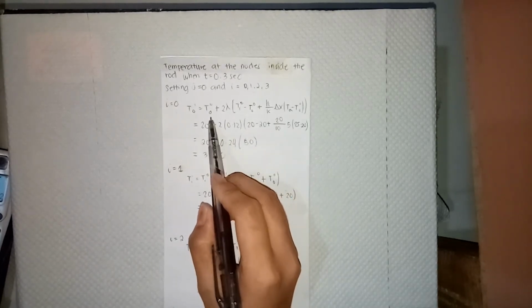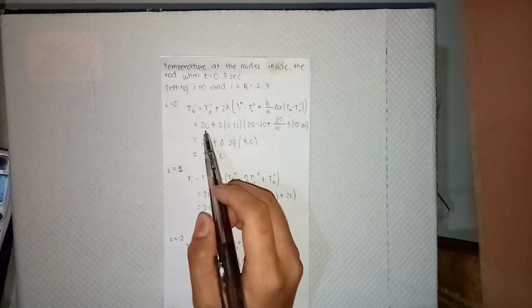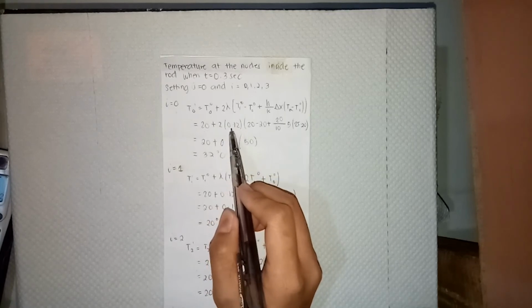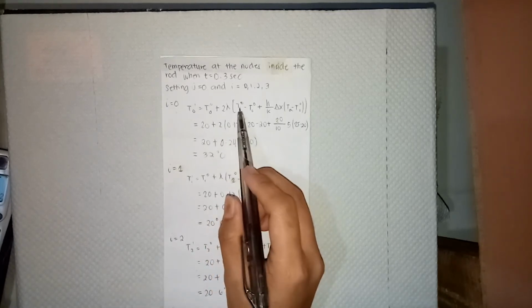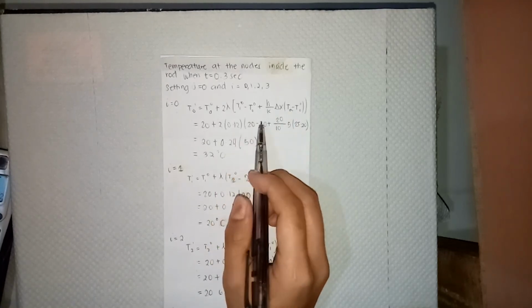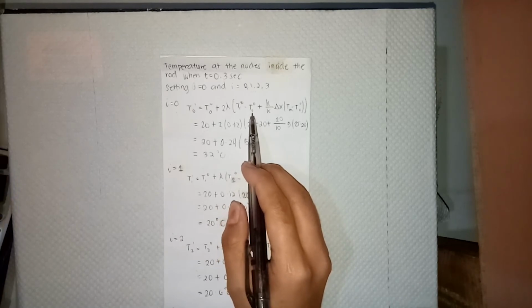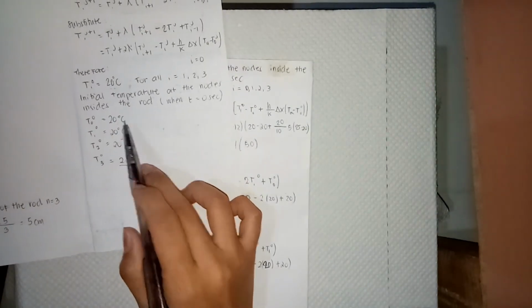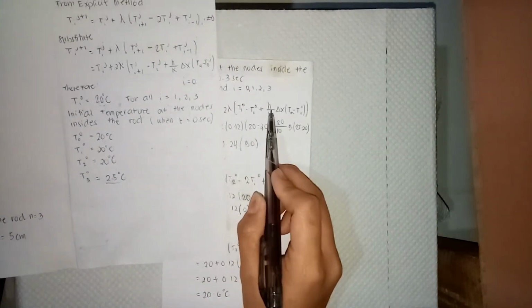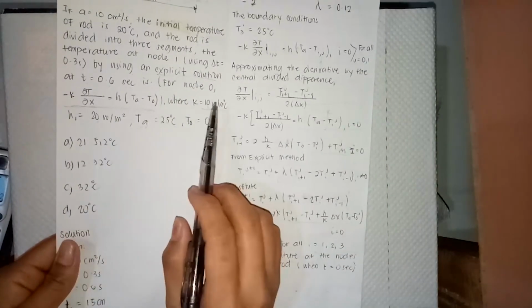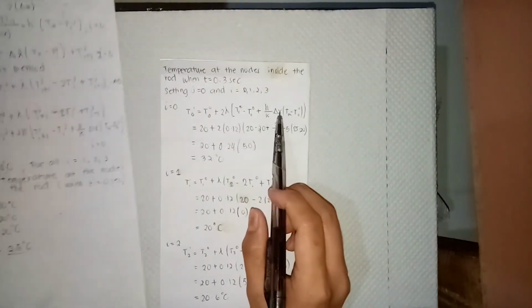The value of our temperature at node 0 is 20, and our lambda is 0.12, and then our temperature 1 at node 0 is 20, our temperature 0 at node 0 here is 20, and the value of our h is 20, and the value of our k is 10, and then our delta x that we got before is 5 cm.